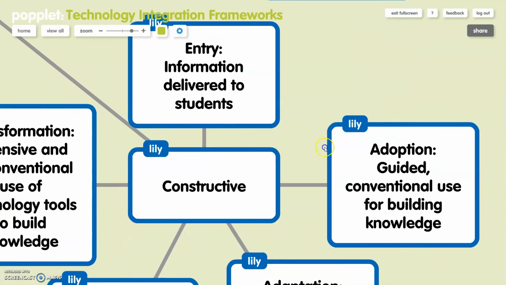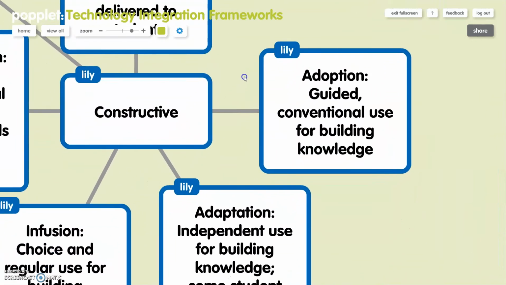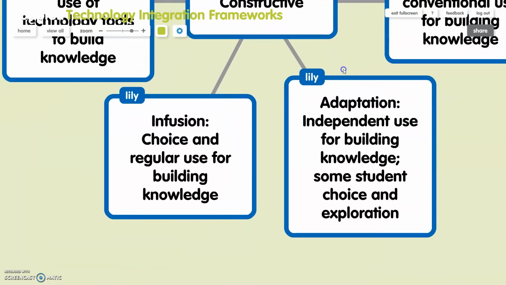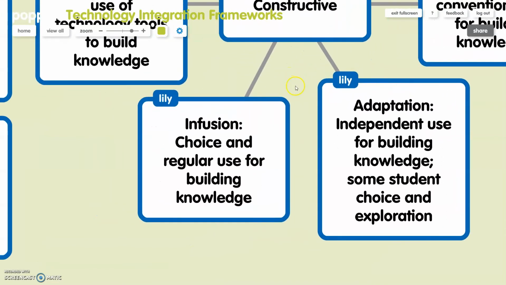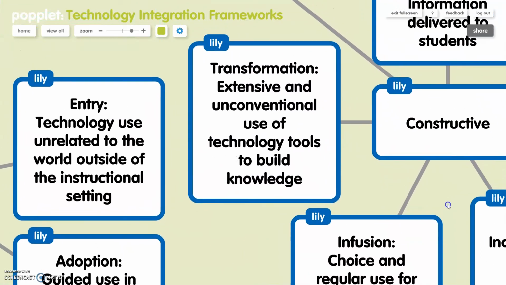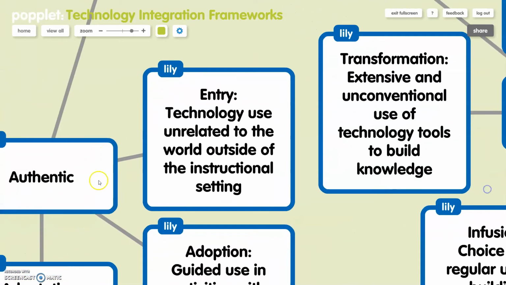And then that continues to constructive, entry, information delivered to students, adoption, guided conventional use for building knowledge, adaptation, independent use for building knowledge, some student choice and exploration, infusion, choice and regular use for building knowledge, and transformation, extensive and unconventional use of technology tools to build knowledge.